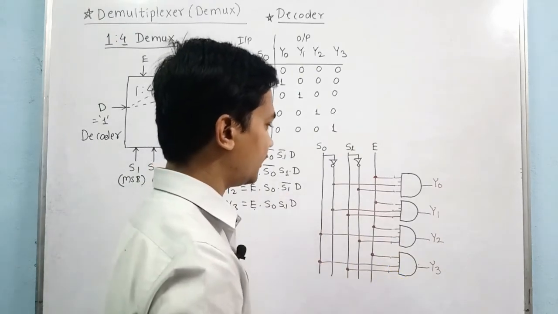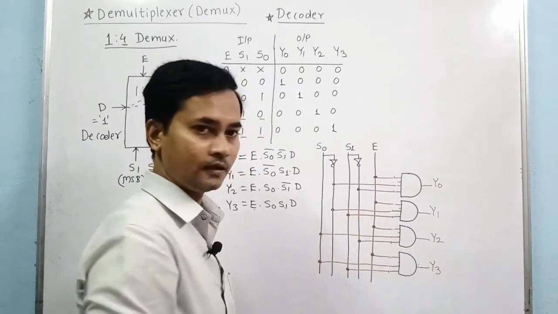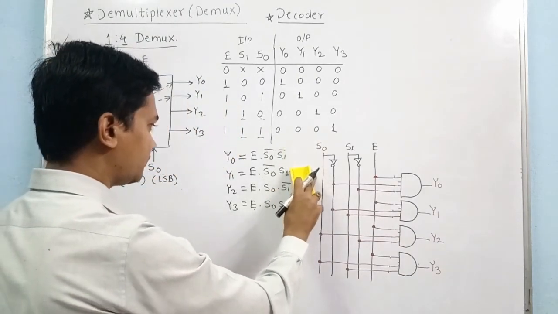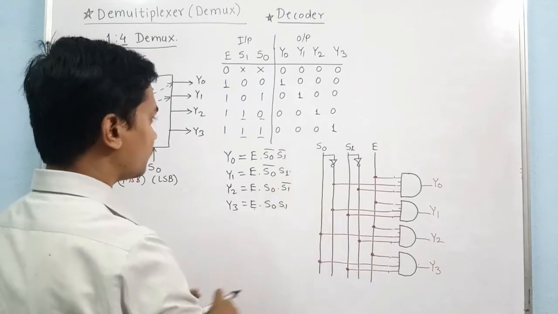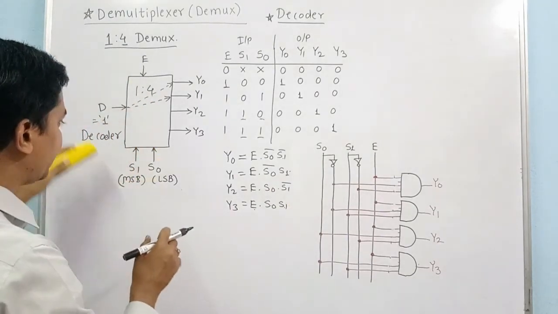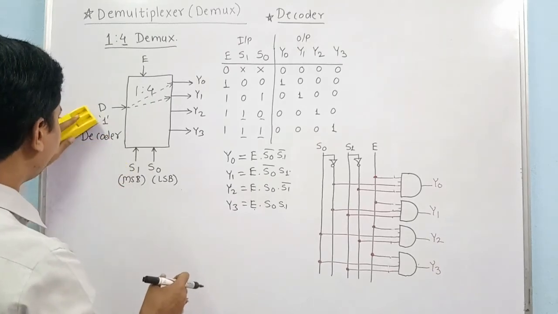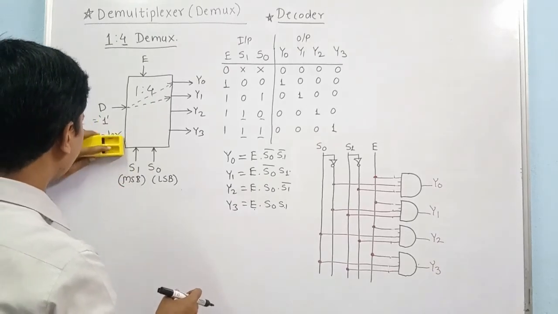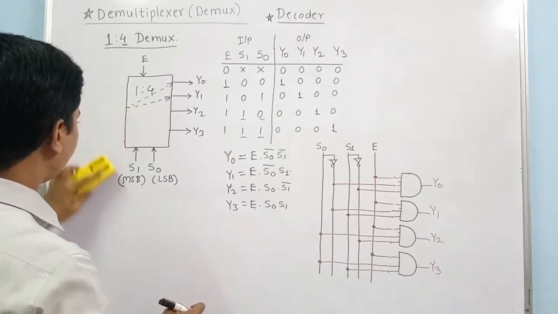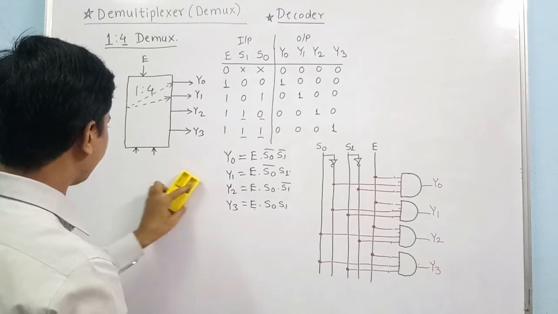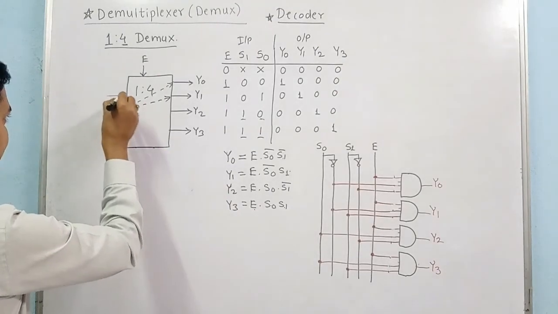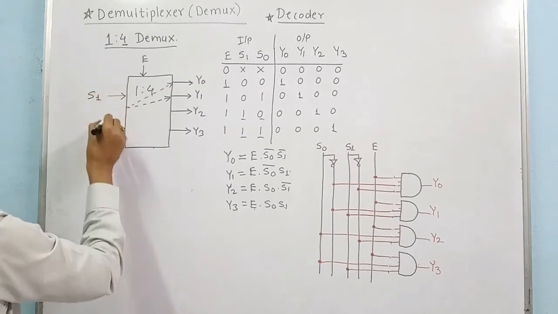So this is the implementation of decoder. Now we have to change the equations. If you want to convert this demultiplexer to decoder, this D input will not be available here. Instead of input lines, these select lines will be transferred to the left side, S1 and S0.